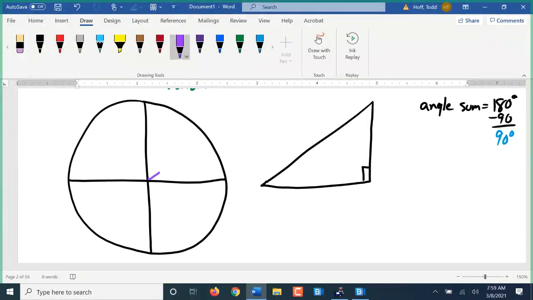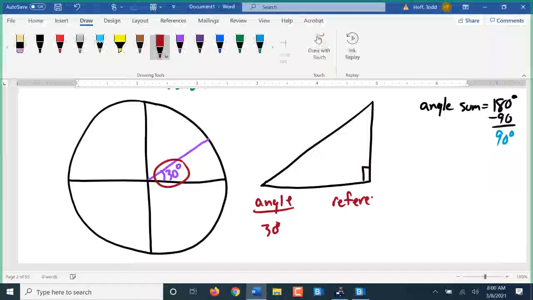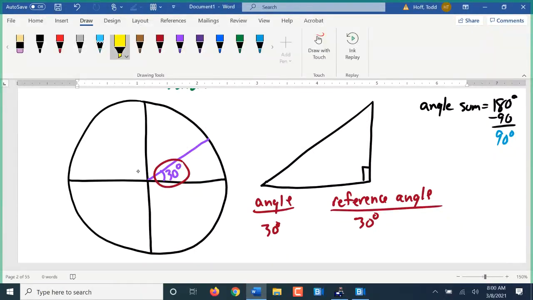But let's talk briefly about some corresponding angles. This is a 30-degree angle, but it also has what's called a reference angle. Its reference angle is also 30 degrees. Remember we said this was referred to as the terminal side.